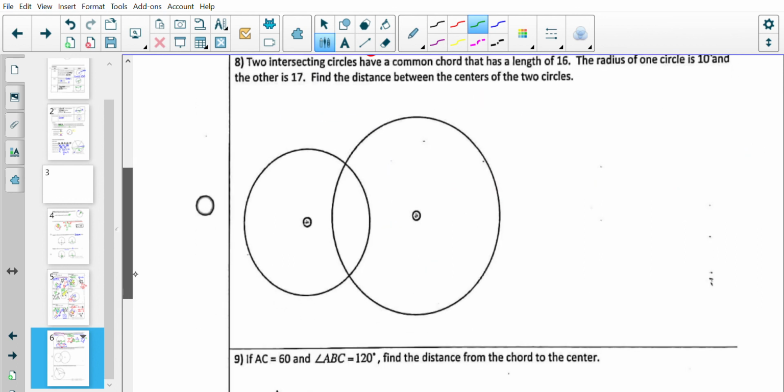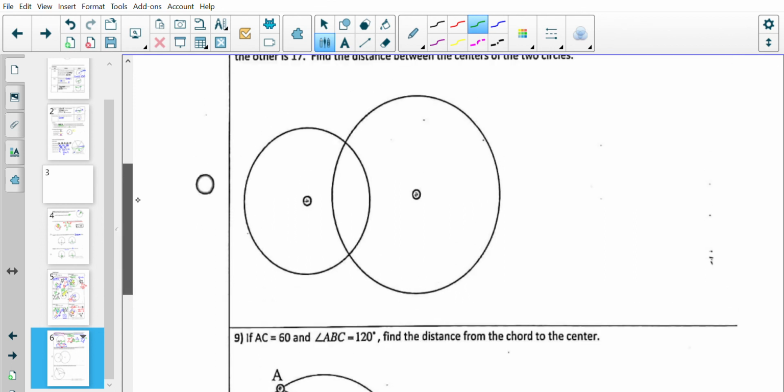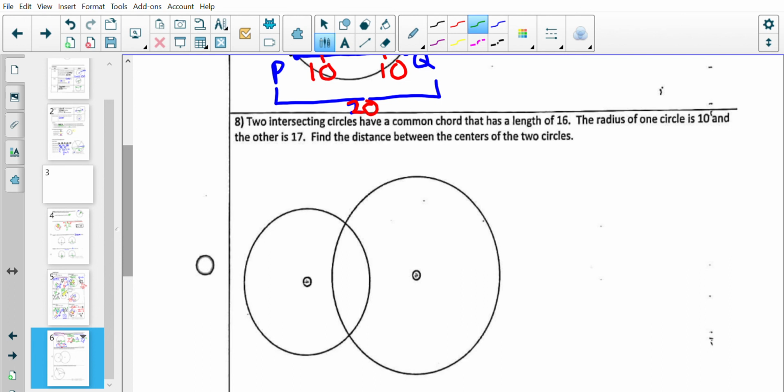Okay, next one. It says 2 intersecting circles have a common chord that has a length of 16. The radius of one circle is 10 and the radius of the other is 17. Find the distance between the centers of the 2 circles. Okay, guys, I'm going to put a star next to this problem because anytime I give you a problem with a common chord, we're going to go about this the same exact way every time.